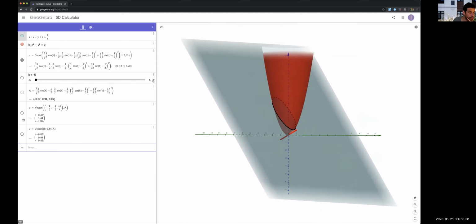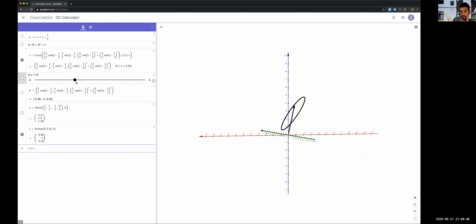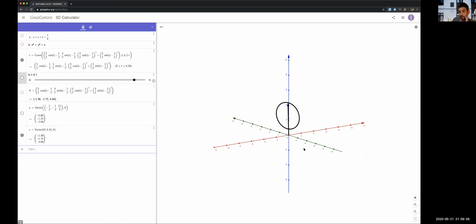Oh, and then I wanted to show you, let's get some of this stuff out of the way. So now there's just our curve, and now I have this vector function pointing at points along the curve, right? So as I change the parameter, as it runs through several values, it's just pointing at points along that curve.